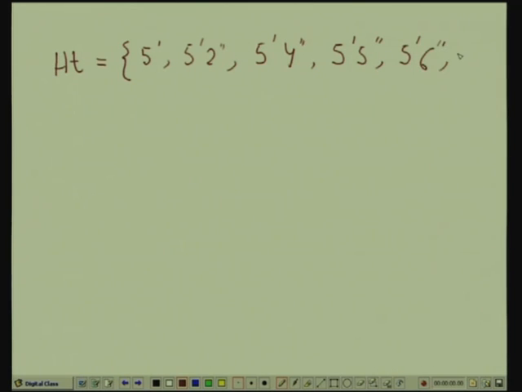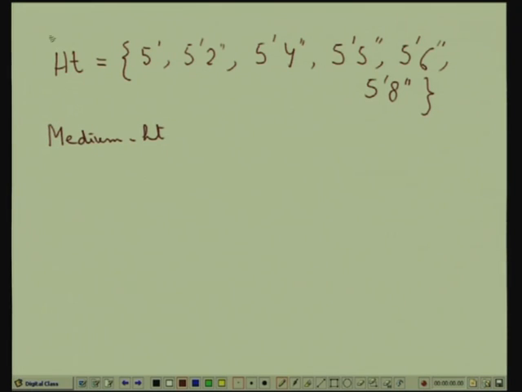Suppose now I say that it is a set of heights which are 5 feet, 5 feet 2 inches, 5 feet 4 inches, 5 feet 5 inches, 5 feet 6 inches, 5 feet 8 inches, say this, and I define a set medium height.